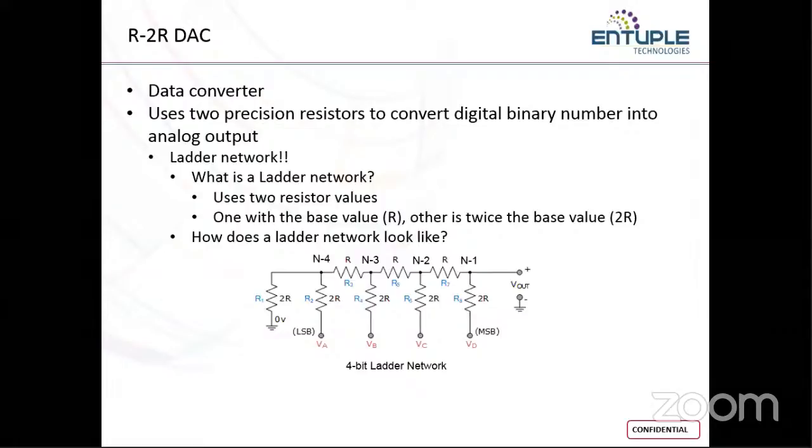The ladder network looks like this. This is a 4-bit ladder network where the voltages are applied to these arms. You can see VA, VB, VC and VD. VD will be the most significant bit. The output will be fed to the amplifier or the comparator circuit. The main principle is, if you look from this side or this side, the equivalent resistance should be 2R.